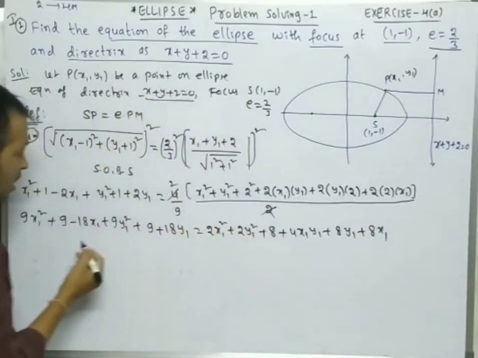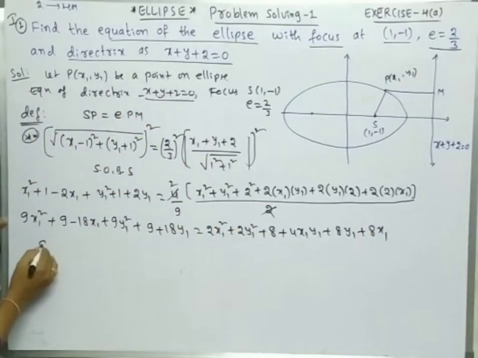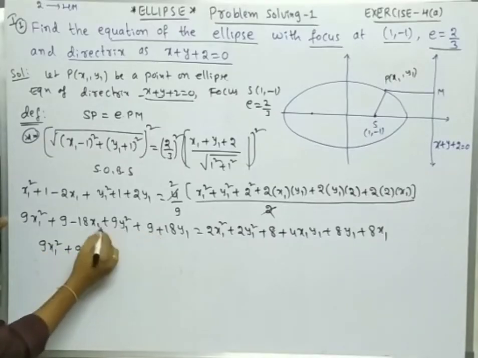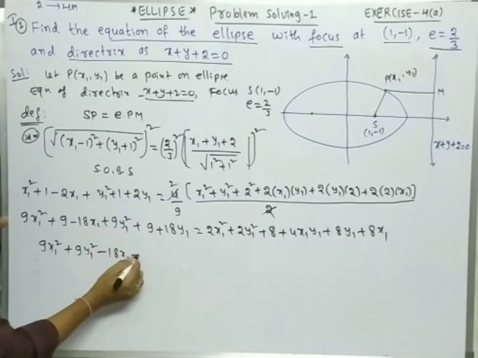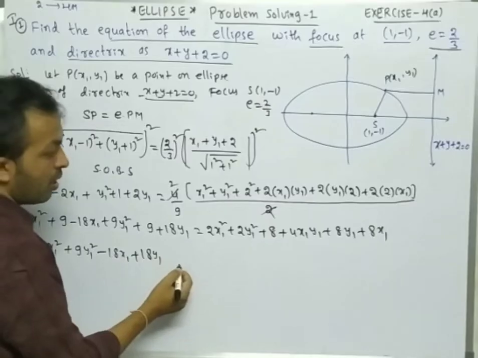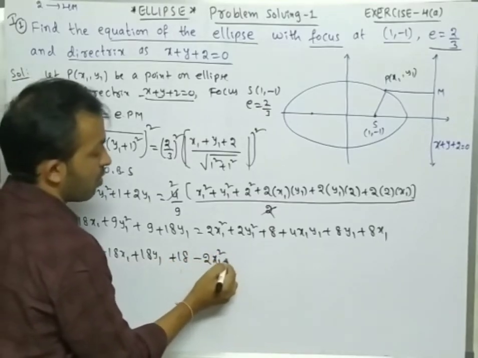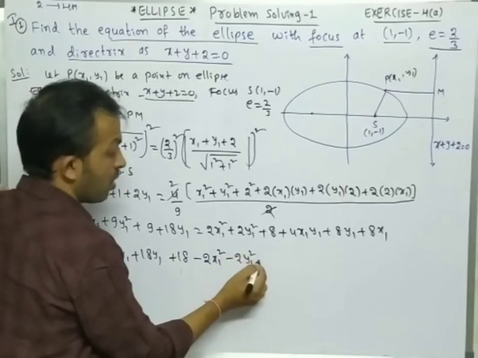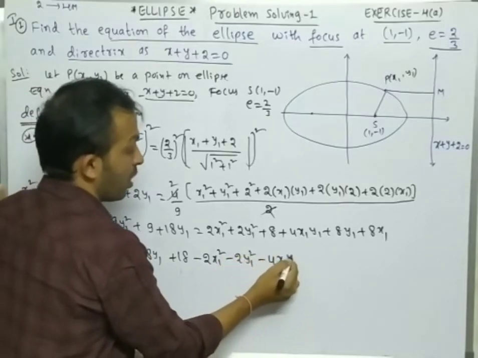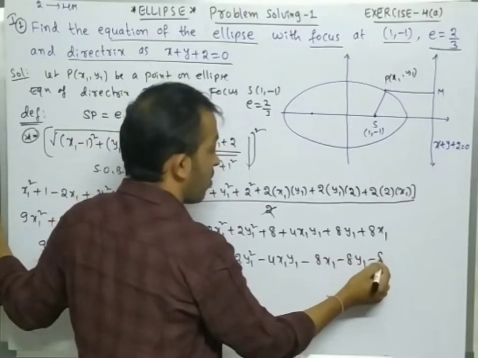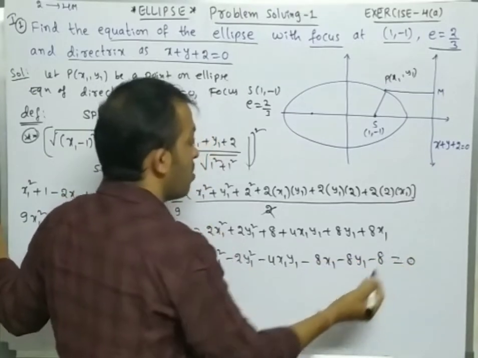Bring all terms to the left side. First simplify the left-hand side: 9x1 squared, 9y1 squared, minus 18x1, 18y1, 9 plus 9 is 18. Bring the right side to the left: minus 2x1 squared minus 2y1 squared minus 4x1y1 minus 8x1 minus 8y1 minus 8 is equal to 0.